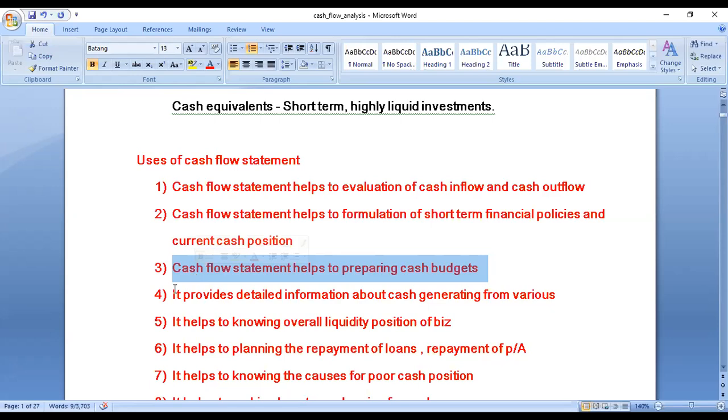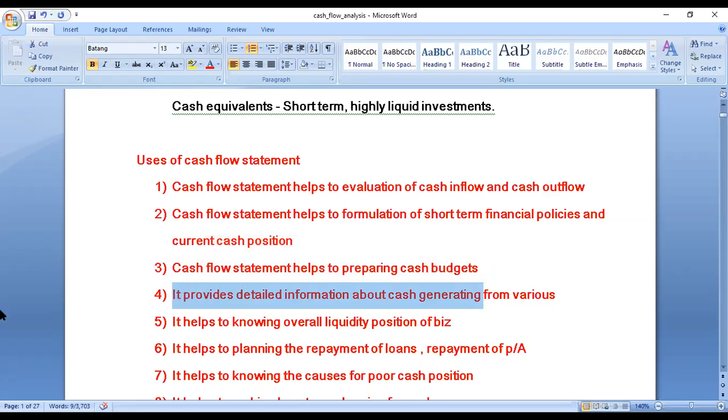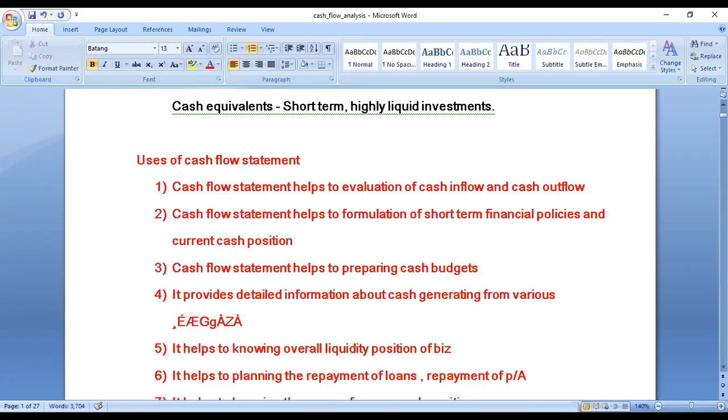Next, the fourth point, cash flow statement provides detailed information about cash generated from various sources or various resources, my dears.